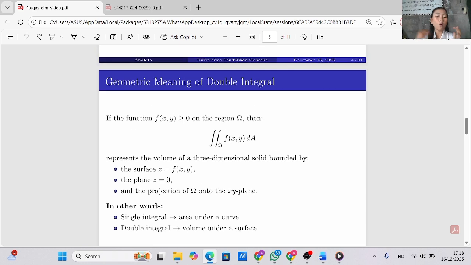In other words, a simple integral gives an area under a curve, and a double integral gives a volume under the surface.